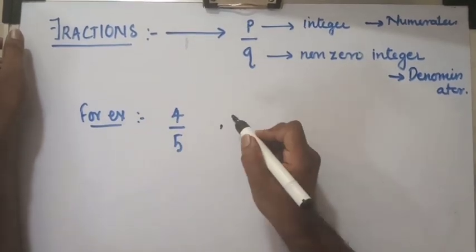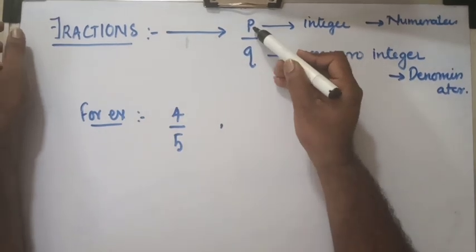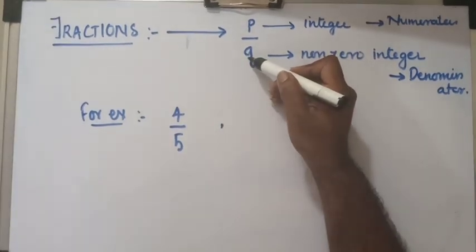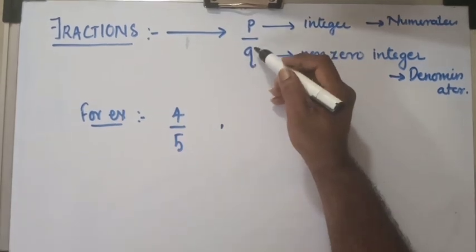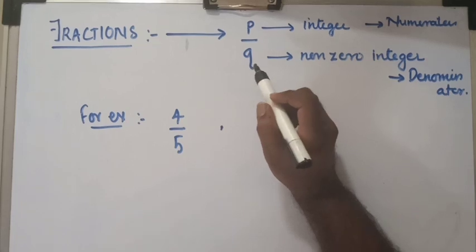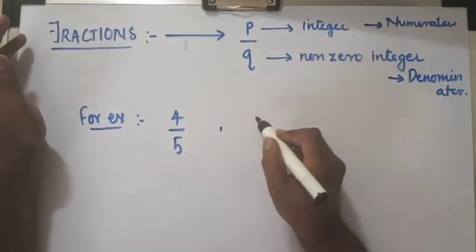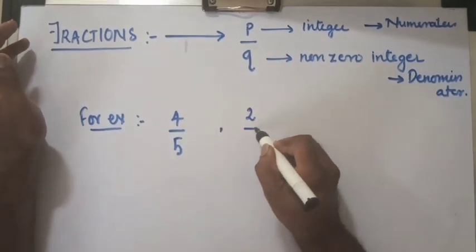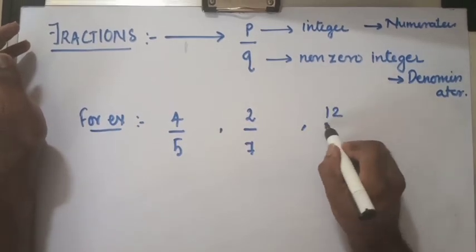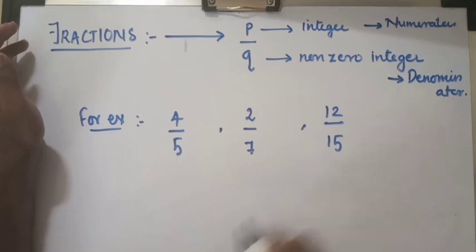integer. That means you can take any number in the numerator and you can take any number in the denominator except 0. Because in the last session I taught you that if any number is divided by 0, it's not defined. In the same way, 2 by 7 is a fraction. 12 by 15 is a fraction.